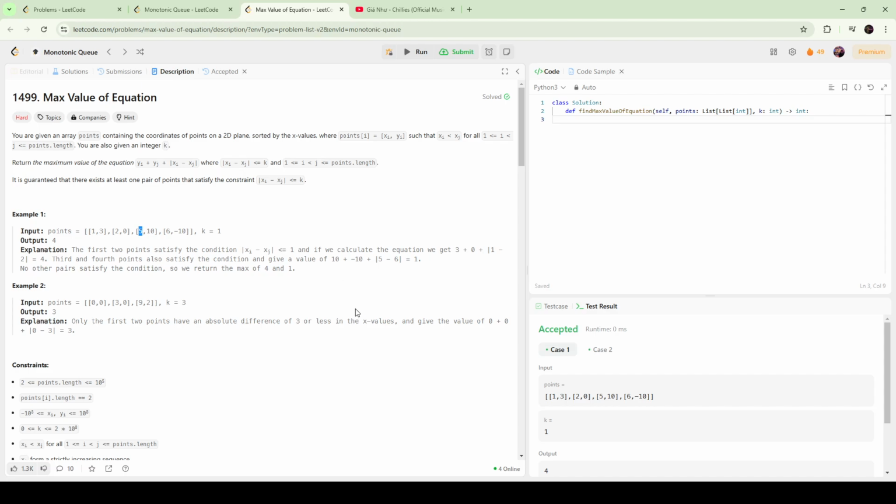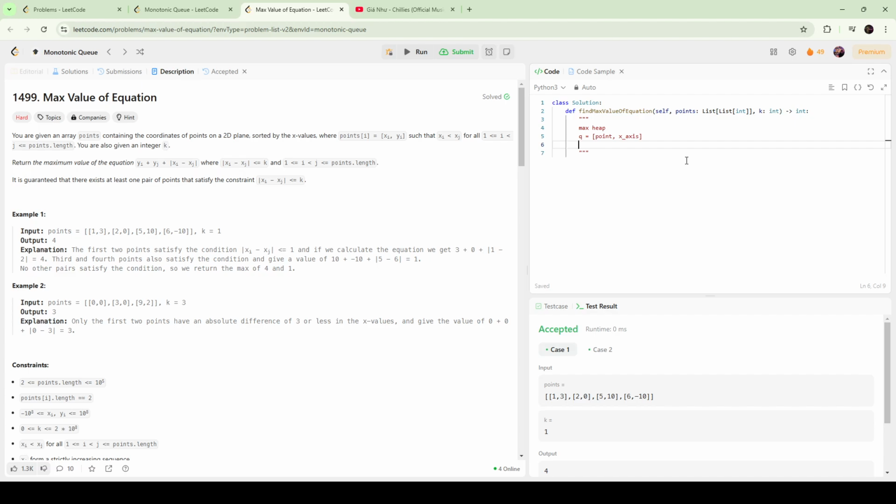So the idea is actually very simple. We are going to maintain a queue, basically in the form of a point and then the x-axis, and this is going to be a max heap.